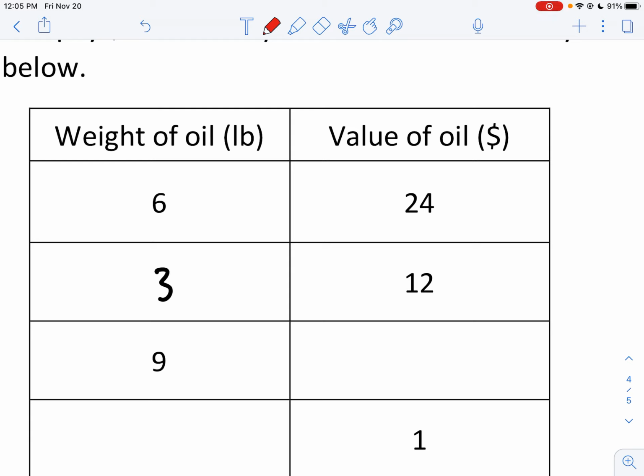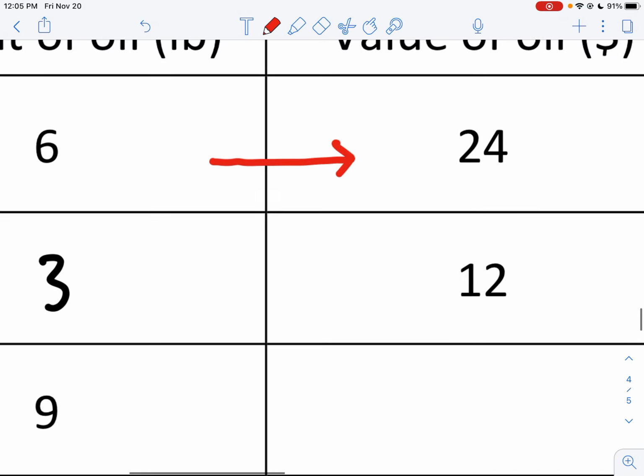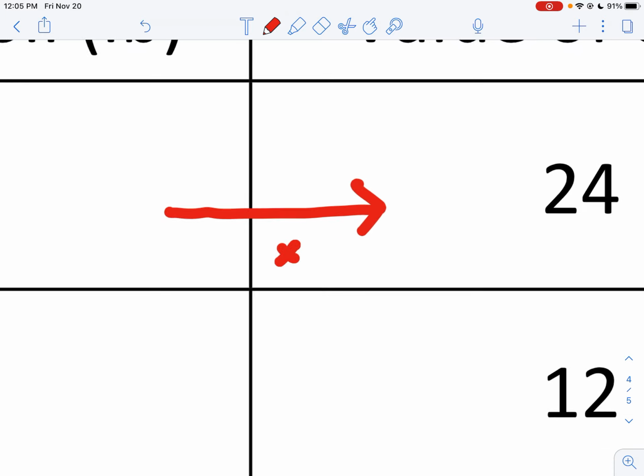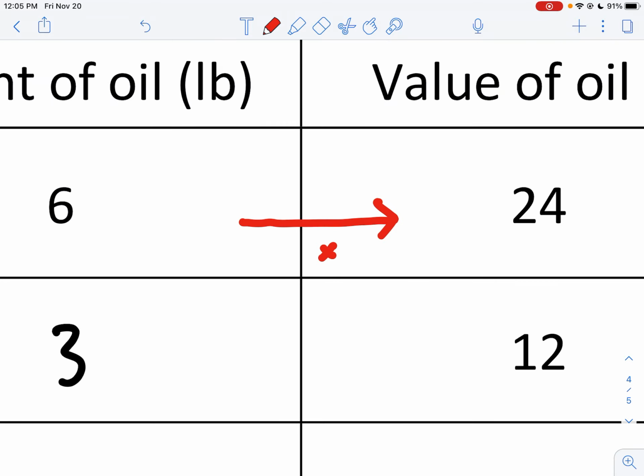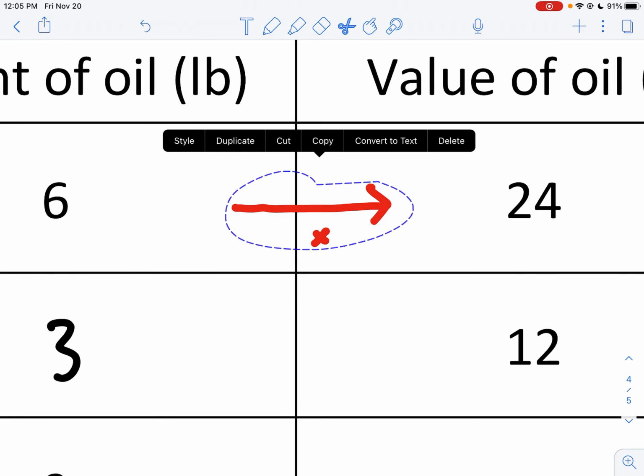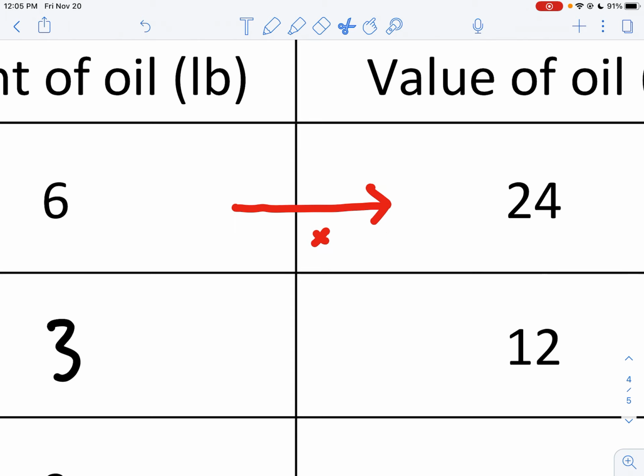If I want to convert weight to value, go this direction in the table, then I need to multiply the weight by 4. Let me move this up a little bit.